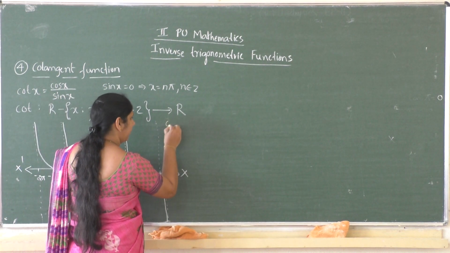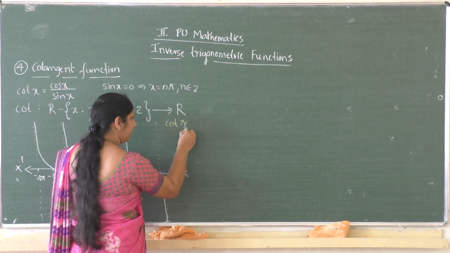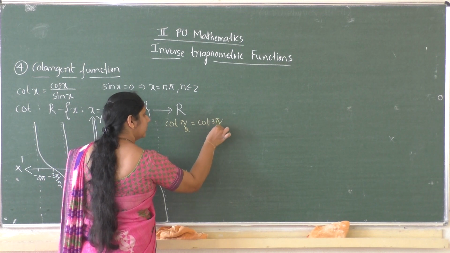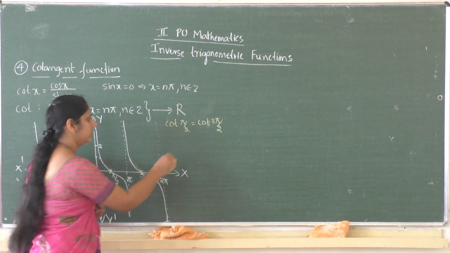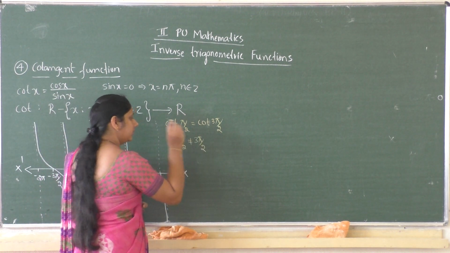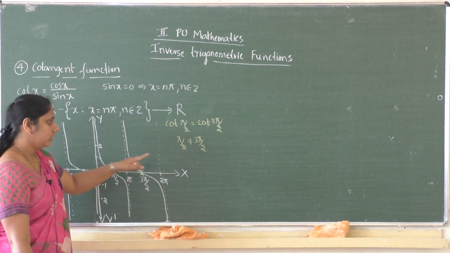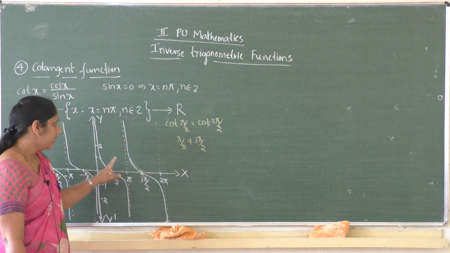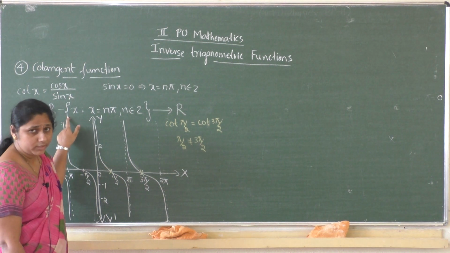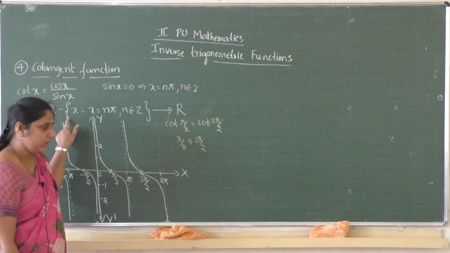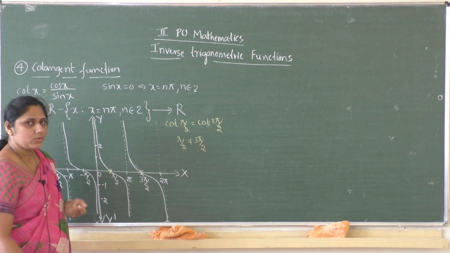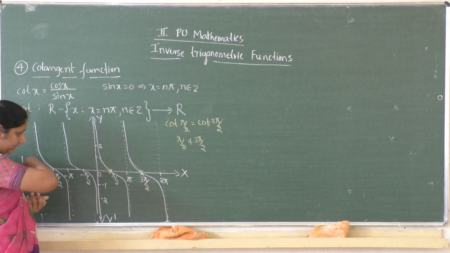So cot pi by 2 is equal to cot 3 pi by 2, but pi by 2 is not equal to 3 pi by 2. So the one-one condition will not be satisfied here. So if we take the domain like this, cot function is not one-one, hence its inverse cannot be found, right? So we have to divide the whole domain into several intervals.